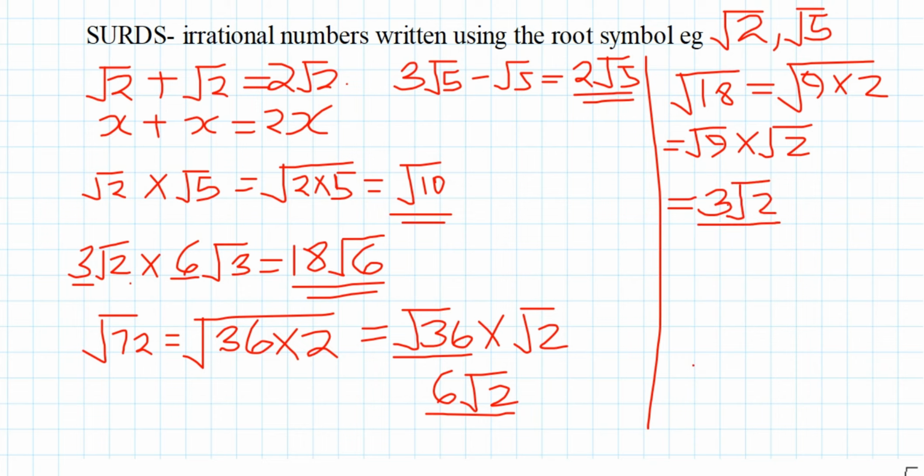So when you do that, you have reduced the surd from, for example, the square root of 72 to 6 root 2, and the square root of 18 to 3 root 2. So you have simplified the surd from a bigger number to a smaller number.